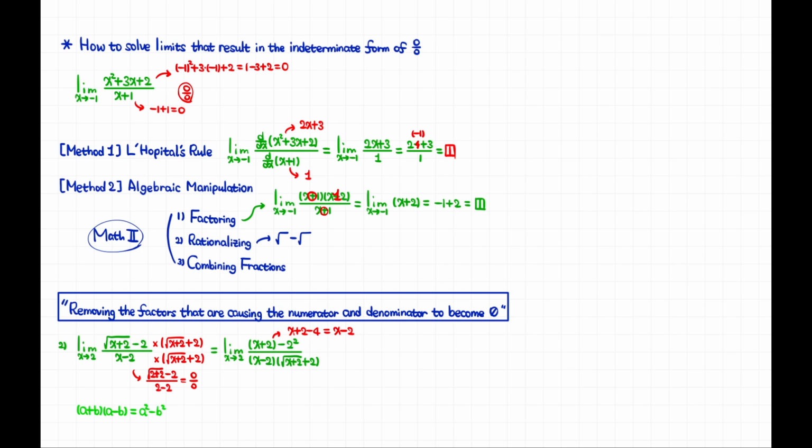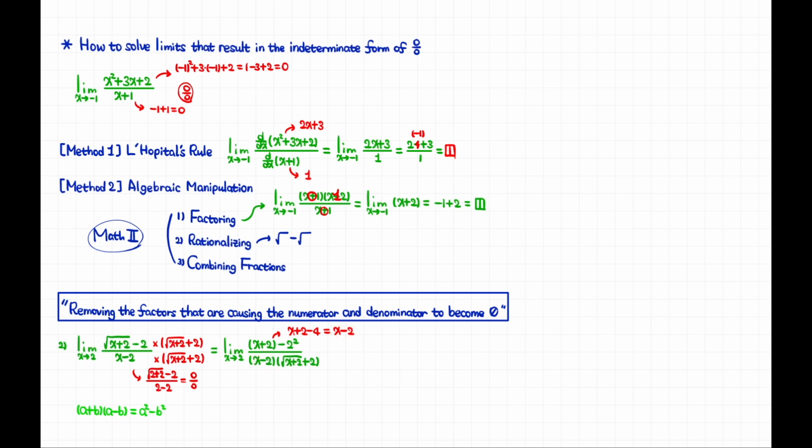Now, compare this to what we had at the beginning. Earlier, we had 0 over 0 form, but there was no obvious factor we could cancel out. But once we multiply by the conjugate, look what shows up. You can clearly see an x minus 2 term. That's actually the zero-causing factor, right? And it appears in both the numerator and denominator.